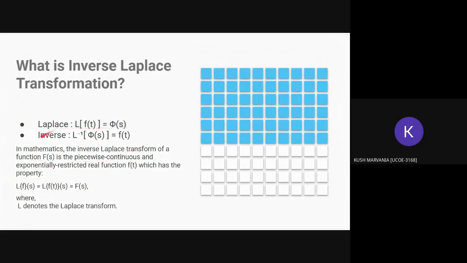Now, I would like to say this exact reverse process will happen for inverse Laplace transformation. It means if we apply an inverse Laplace transformation on the function of s, then we get a function of t.